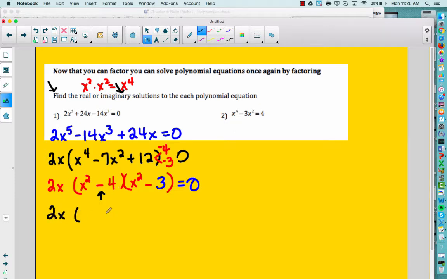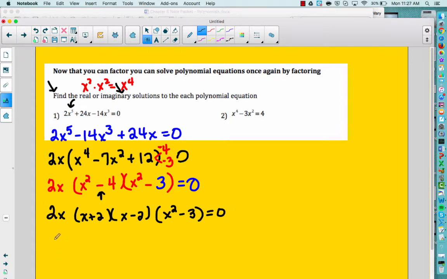So I have to factor that to x plus 2 and x minus 2. And we still have the x squared minus 3. That is not the difference of squares, so we leave it alone. A lot more work now, isn't it? But remember, this polynomial could have up to 5 solutions. So that's why this is happening.